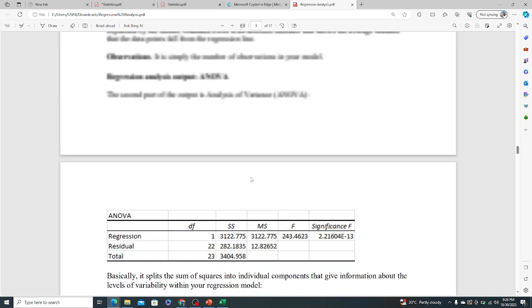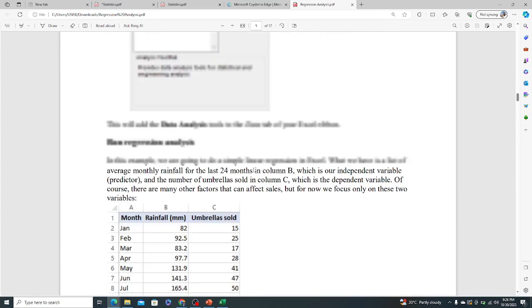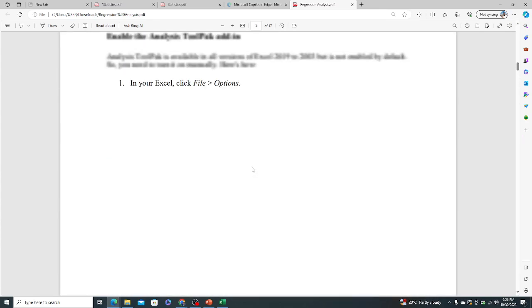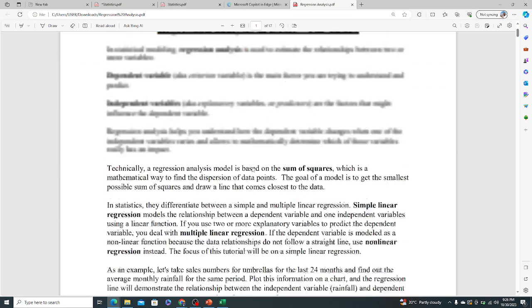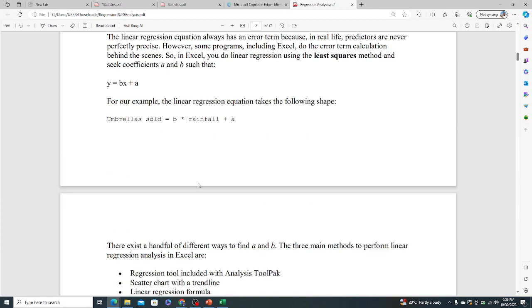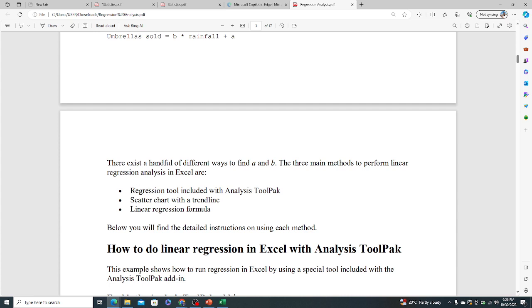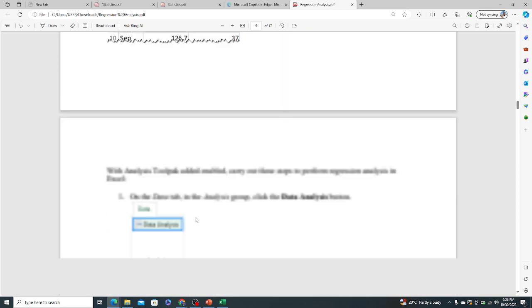So at least the practical will be faster. In this case I used the umbrella sales data to perform all the regression. We'll use three methods of performing regression: the analysis toolpack, a scatter chart, and the linear regression formulas in Excel.